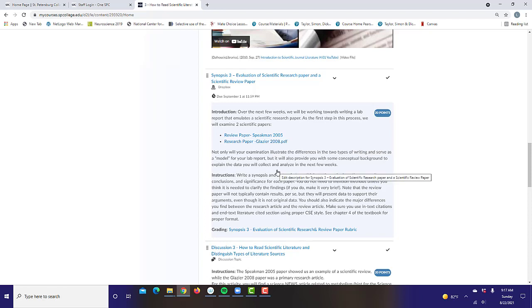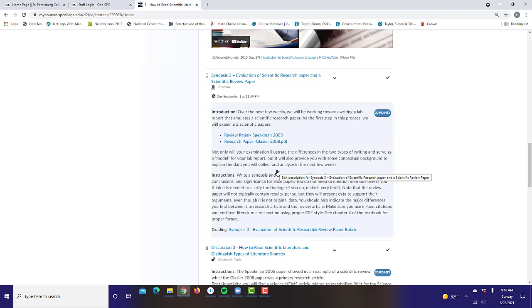These papers are really serving 2 purposes. One, it's going to show you the model of a review paper and a model for a lab report, which is essentially when we talk about lab reports, we're really talking about a mini research paper. You want to follow the same format you would for a research paper. So it'll give you that model. But what it will also do is give you some conceptual background.